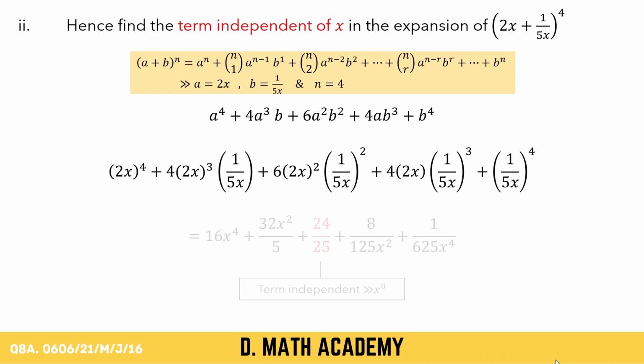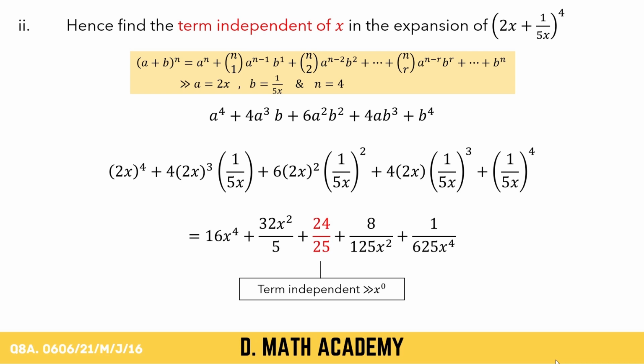You will get your results as 16x to the power 4, 32x squared over 5, 24 over 25, plus 8 over 125x squared, plus 1 over 625x to the power 4. So our term independent here, referring to the one without x, is 24 over 25.